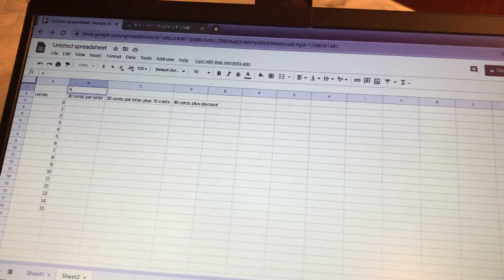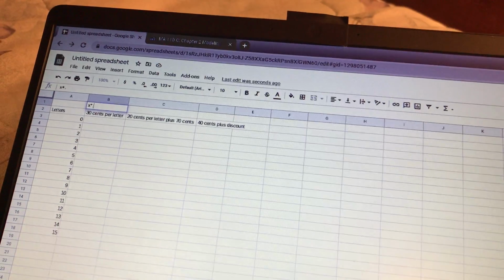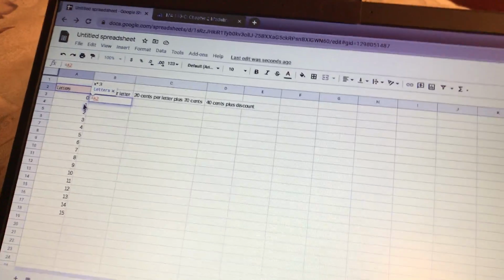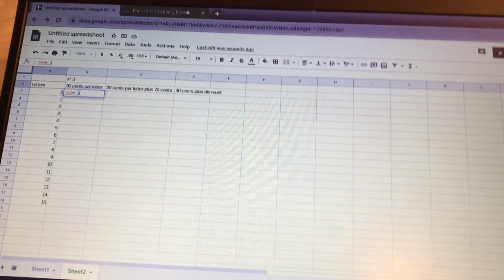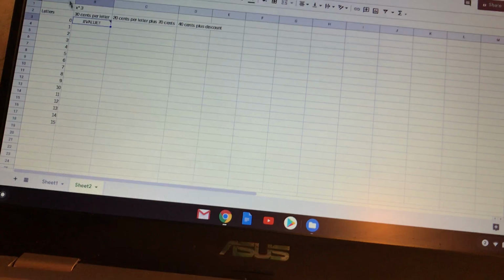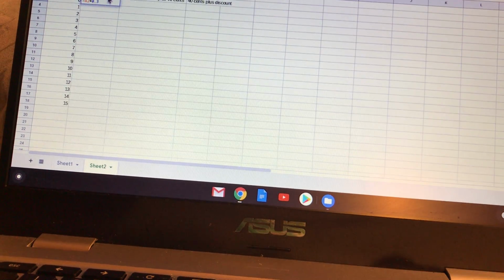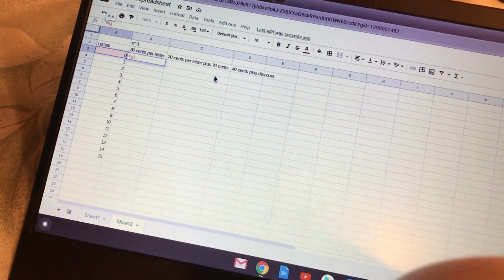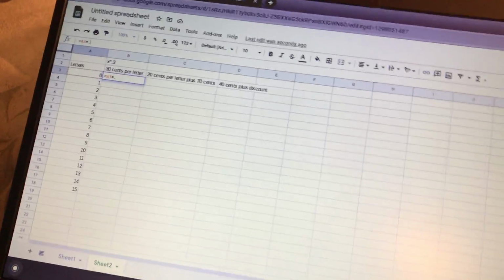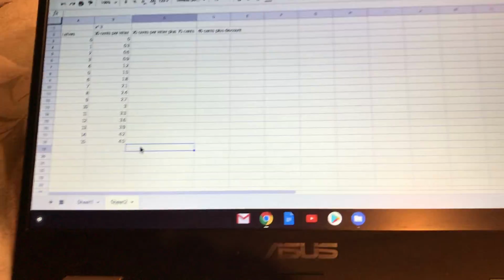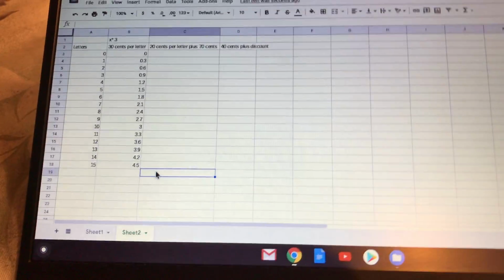So the first place we called was 30 cents a letter. So our equation would be x times 0.3. And then to put it into Excel, it would be that x times 0.3, and that is how much it cost for how many letters.